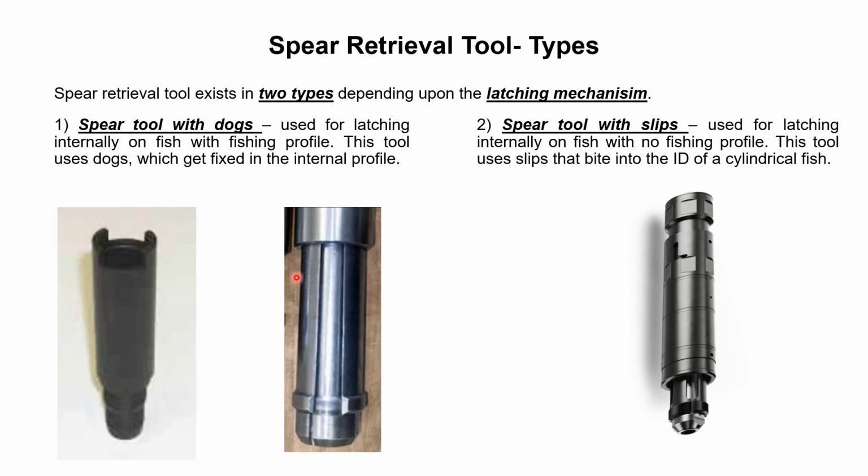For that fish retrieval we use a tool which has slips, as we can see over here. So these slips will go inside the tool and will set or bite. So this is written over here: this tool uses slips that bite into the ID of the cylindrical fish. So there are two types, the tool with dogs and the tool with slips.